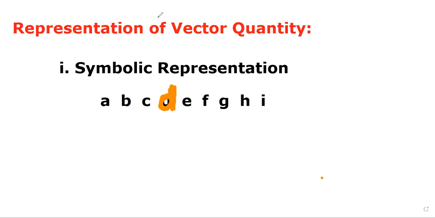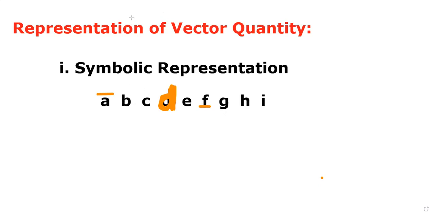Okay, next thing is, if there is a line on any alphabet like this, or any line below an alphabet, that is another representation of a vector quantity.